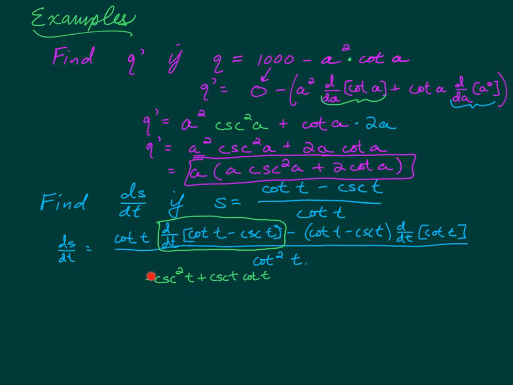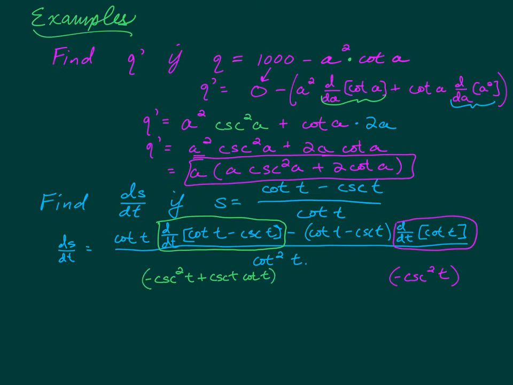So this first term will turn into a negative term, the second term will turn into a positive term. So then the only other derivative we need to figure out is over here. And cotangent t, and you can remember from the example above, cotangent t turns into negative cosecant squared t. So this is negative cosecant squared t.